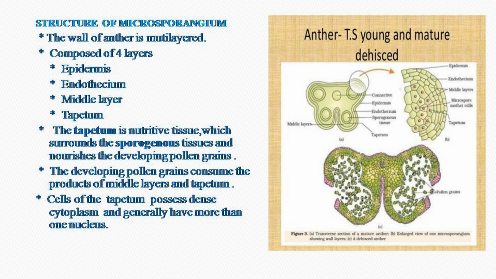So here you can see the middle layers and the nutritive layer, that is the tapetum, and they are nourishing the developing pollen grains inside the sporangium. And these nourished spores later become the microspores inside this bag-like structure inside the sporangium, and the total structure is known as the microsporangium.